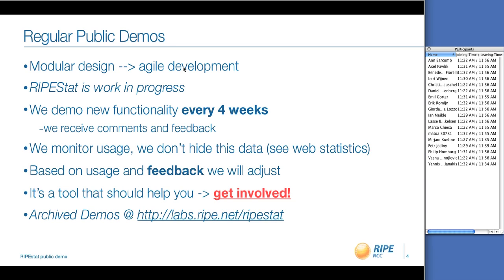You find a statistics button where you can see how it's been used, and we will adjust to the usage statistics that we have and to feedback that we get during these demos. If you're interested in previous demos, they're both minuted and archived on labs.ripe.net.